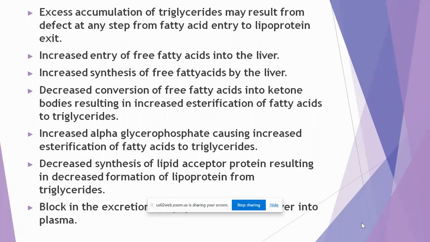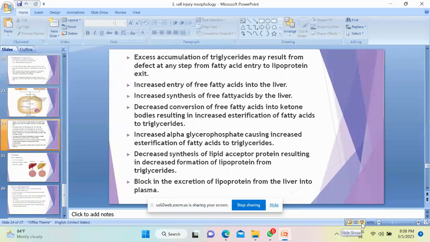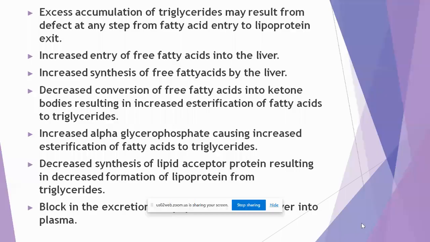Increased alpha glycerophosphate also causes increased esterification of fatty acids to triglycerides. Decreased synthesis of lipid acceptor proteins results in decreased formation of lipoprotein from triglycerides, causing a block in the excretion of lipoprotein from the liver into plasma.